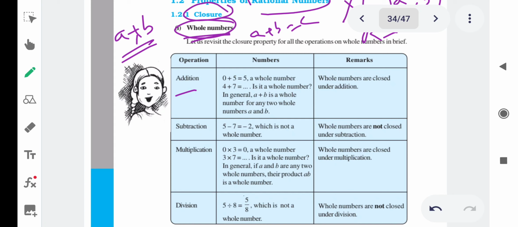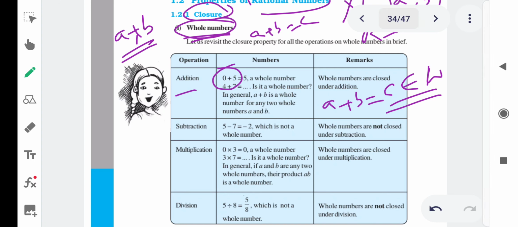In the whole numbers, if I add 0 plus 5, because whole numbers start with 0, 1, 2, 3, 4, 5, 6, I'll get 5. 5 is again in the whole numbers. 4 plus 7, same. So if I add a plus b, two numbers from the whole numbers, I'll get some c that again belongs to the whole numbers W, right?